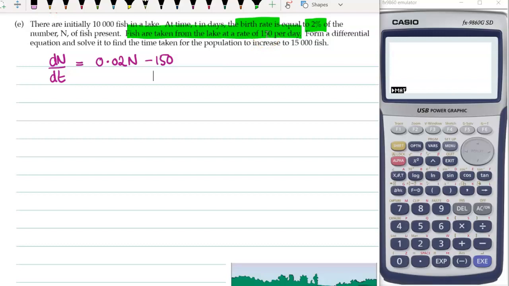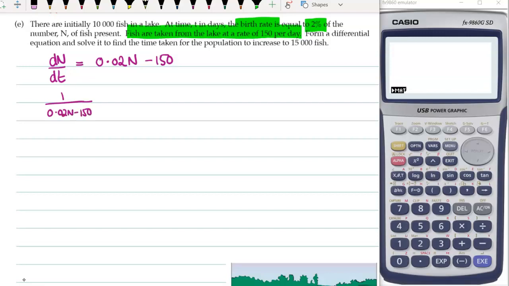Okay, now we're going to do some separating variables to bring the n over to one side, the t to the other. If you have memorized how this goes, you can skip straight to what the equation turns out to be, but I will show you the steps as we go along. So the n part of this we bring to the left-hand side.